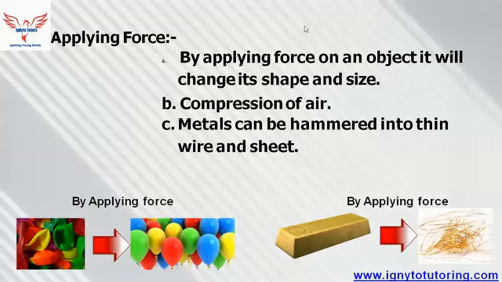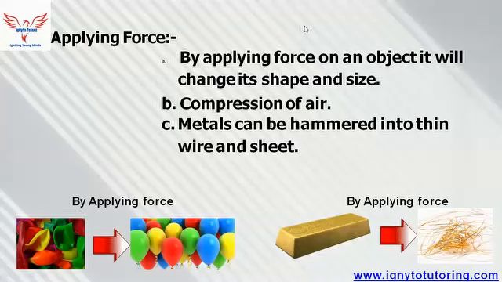Next, compression of air. When we blow air into a balloon, the deflated balloon gets into the state of an inflated balloon. So it changes its state. So hence, this is where we are applying atmospheric pressure. And the last one, metals can be hammered into thin wires and sheets.